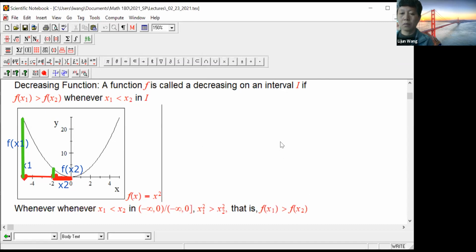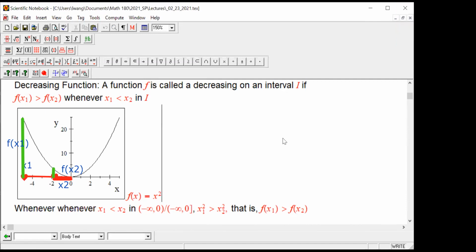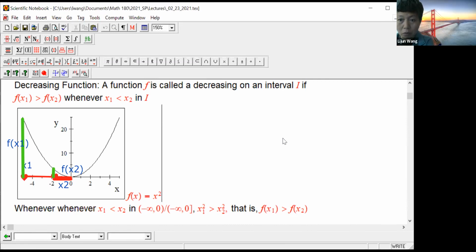And I'm also a little confused on why x1 would be less than x2. I'm sorry. Can you speak louder? Yeah, I'm a little confused as to why x1 is less than x2. I choose them this way. Why is x1 less than x2? Is -5 less than -2? Oh, okay.